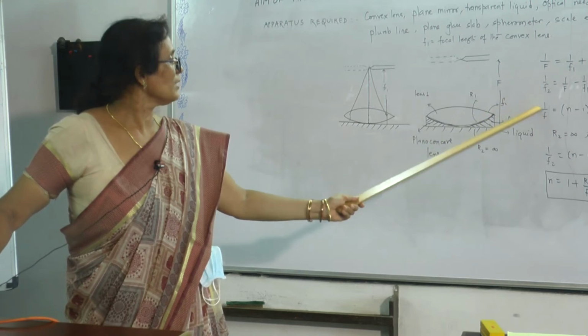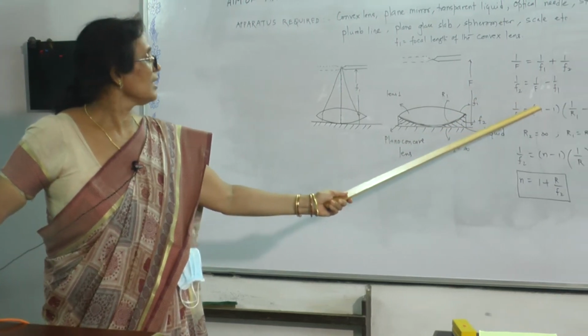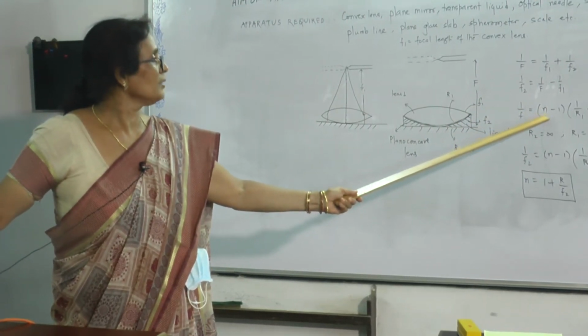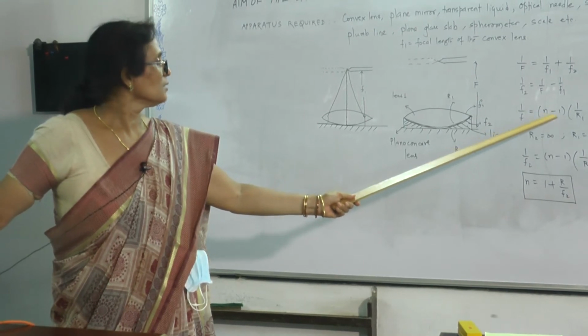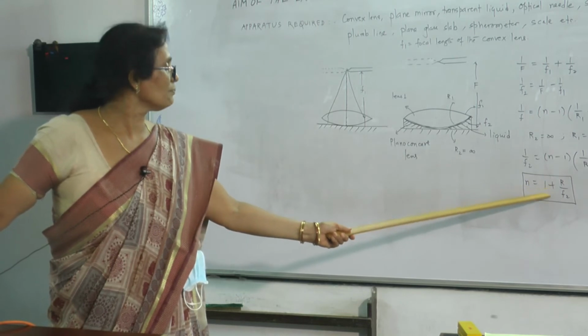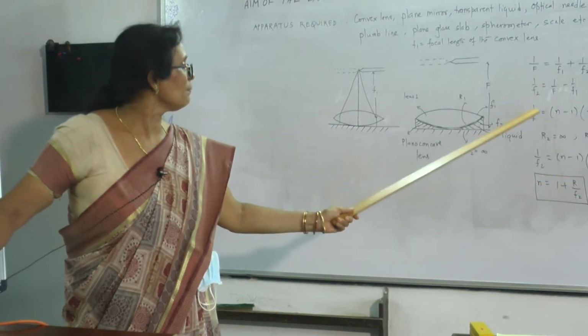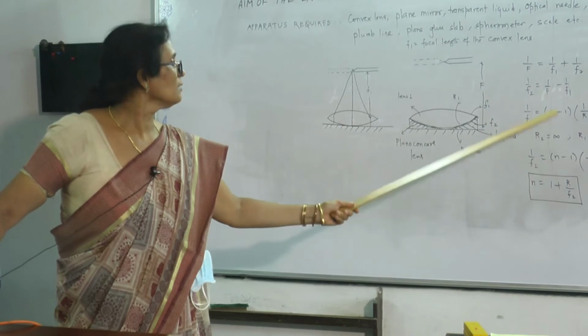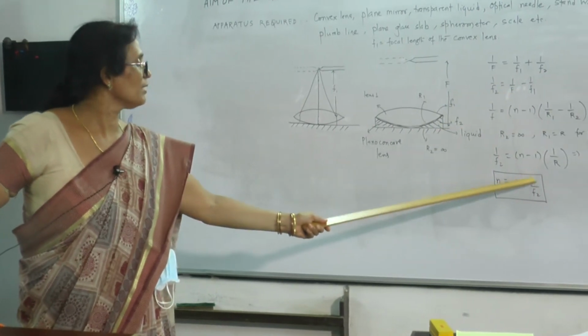Once we get 1 by f2, we apply the lens maker's formula to find the refractive index of water. After being solved, we get mu is equal to 1 plus R by f2. Already we have found 1 by f2, from this equation.